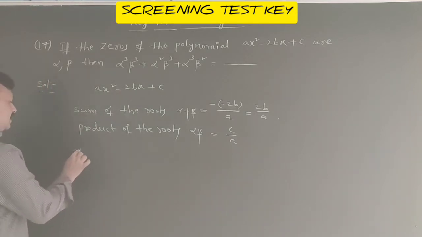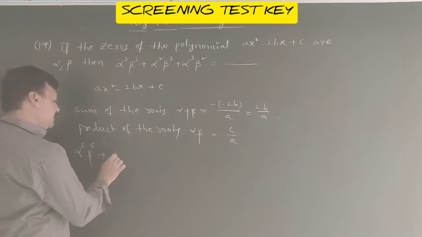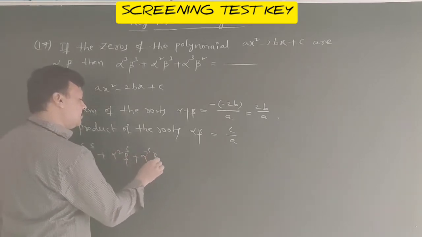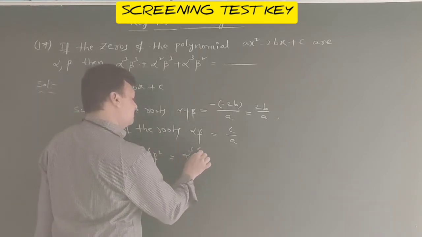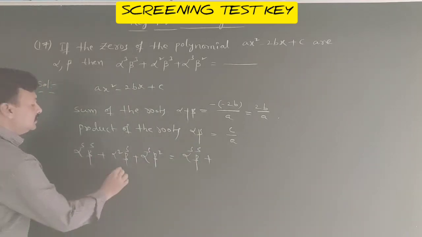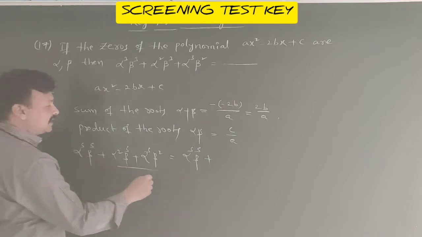Now here alpha cube beta cube plus alpha square beta cube plus alpha cube beta square equal to alpha cube beta cube. There is no change because we have the alpha beta value. In these two terms, alpha square beta square is common.